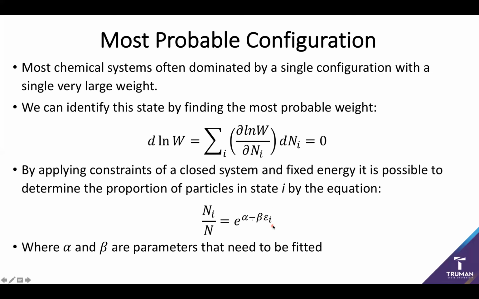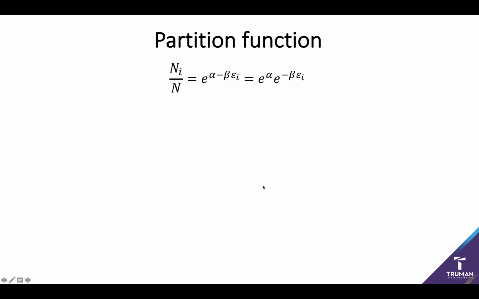So this should start to seem familiar, as we've already noticed this before, where the probability of being found in a given state is going to be dictated by the energy of that state. So we can go ahead and, instead of having a subtraction in an exponential, we can separate this out into two exponential factors.